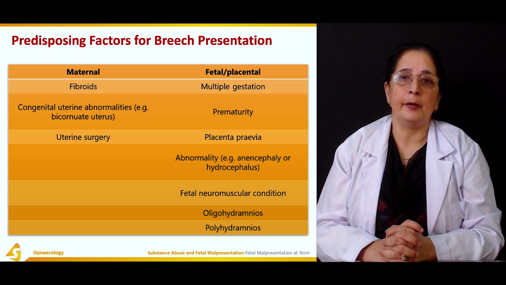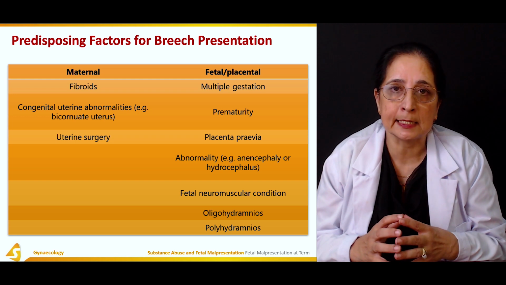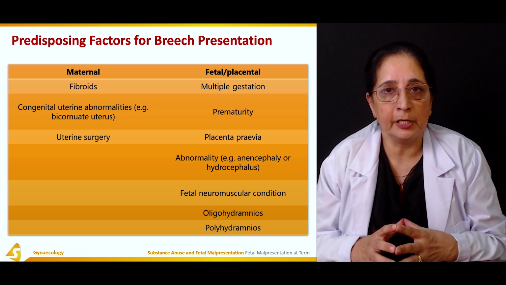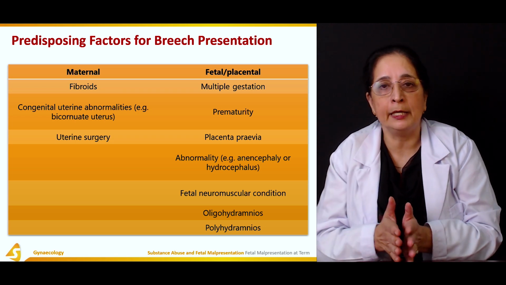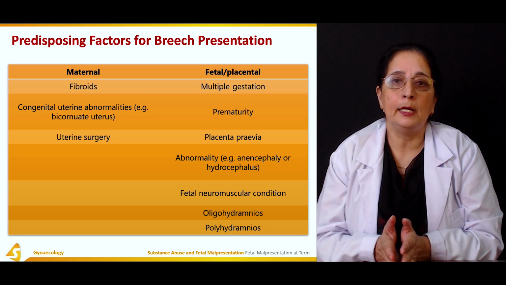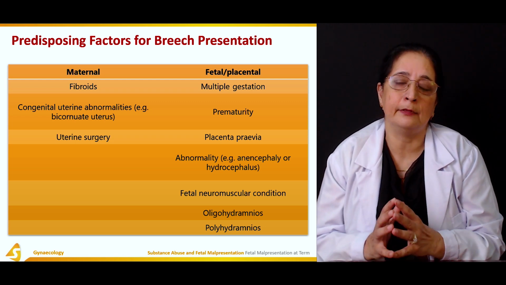Oligohydramnios. Oligohydramnios is a condition in which the amniotic fluid is less, and it can cause breech presentation. And then another opposite condition to oligohydramnios is polyhydramnios, in which the amniotic fluid is in excessive amount.